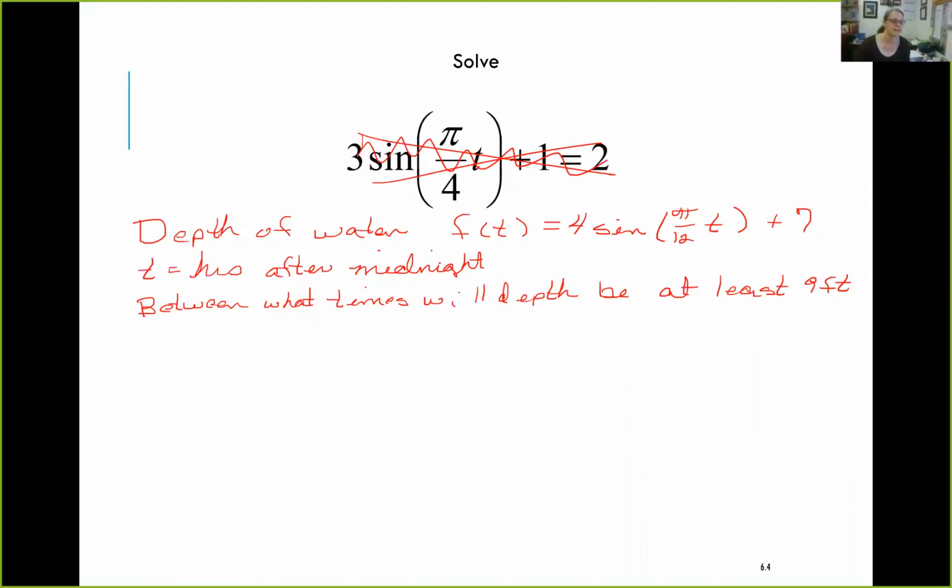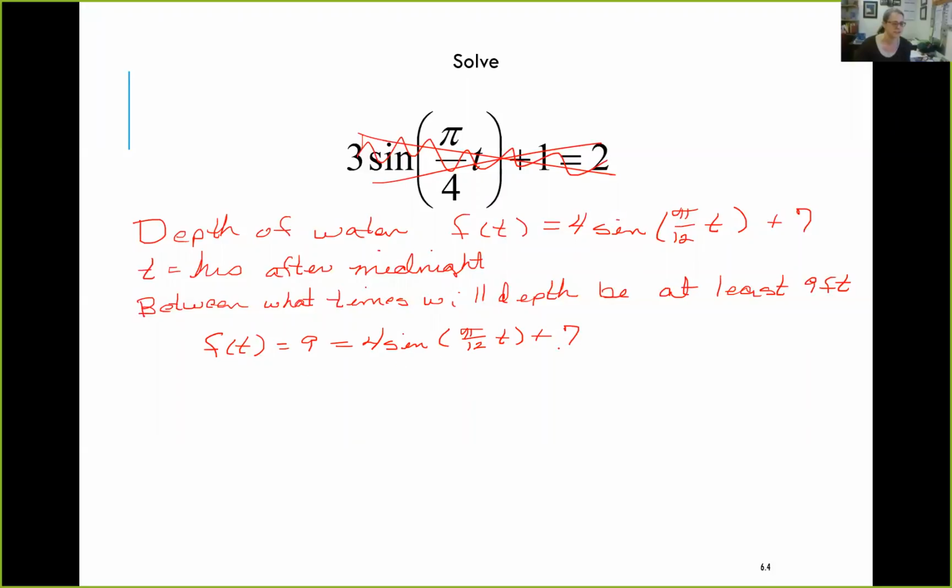What we're saying is we're trying to find the times for which f of t equals 9. So 9 is going to equal 4 times the sine of pi over 12 t plus 7.